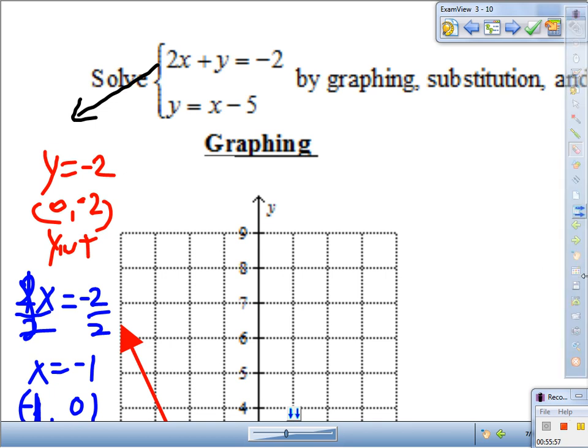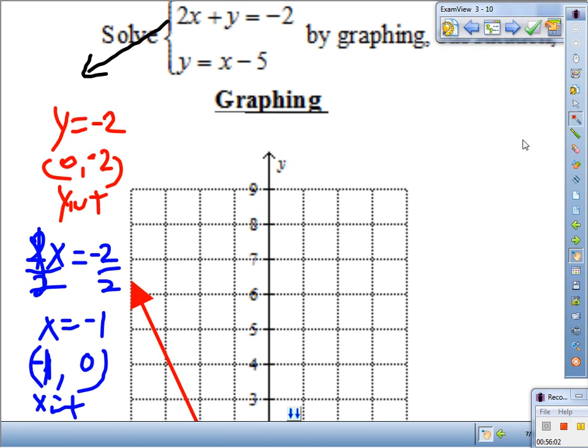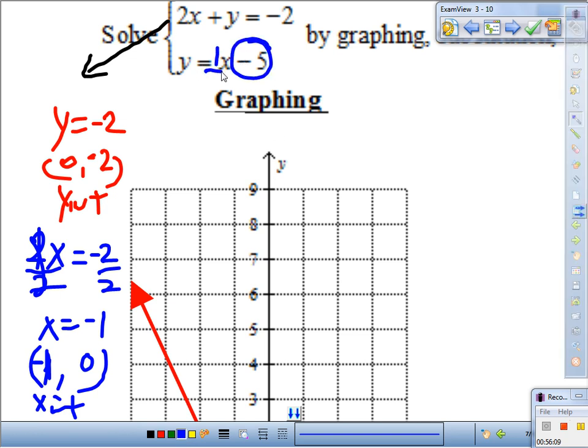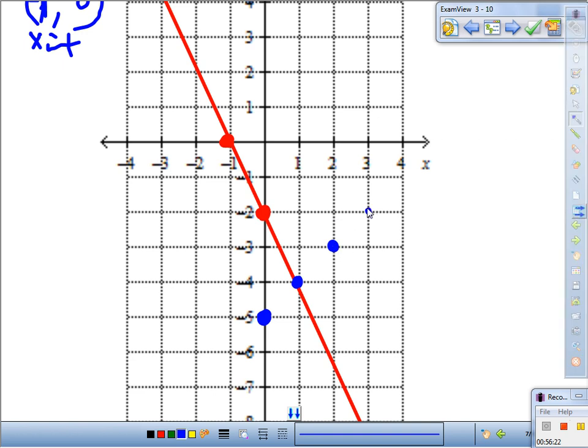Slope-intercept form. That is correct. So where do we start? At -5. I'm going to do that one in blue. We start at -5, and what else do we need? The slope, 1 over 1. So with that information, I start at -5. My slope is 1 up, 1 to the right, 1 up, 1 to the right, 1 up, 1 to the right, 1 up, 1 to the right.